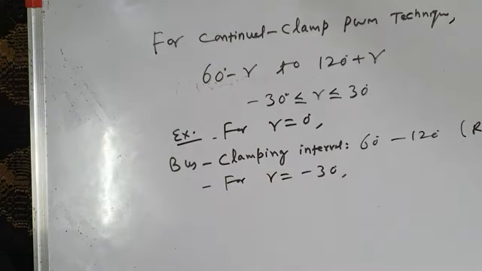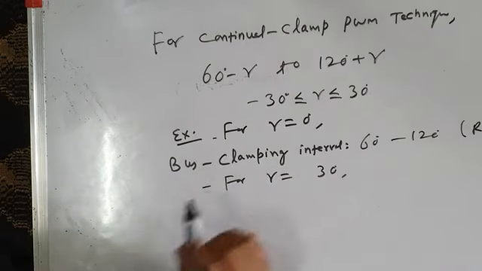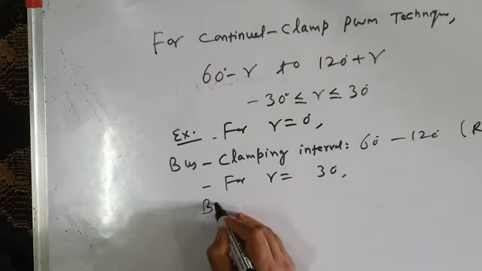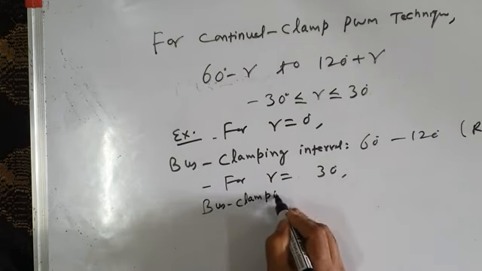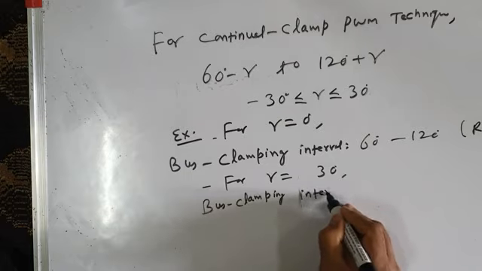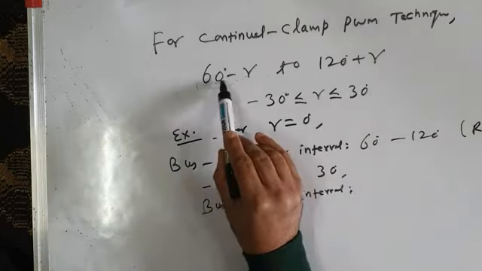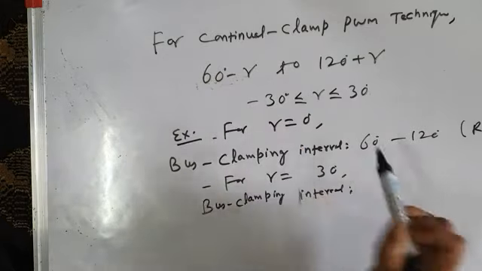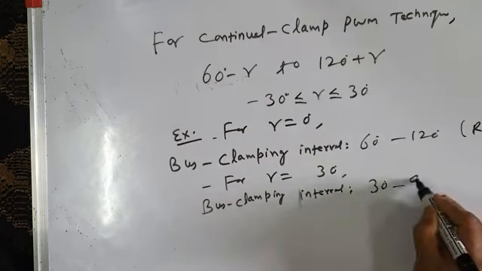The bus clamping interval will vary from 60 minus gamma, 60 minus 30 is 30 degrees, to 120 minus 30 is 90 degrees.